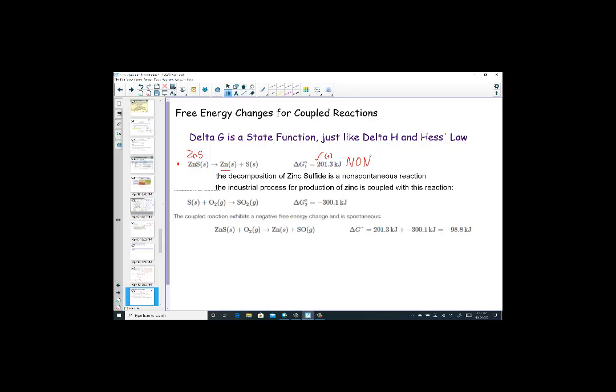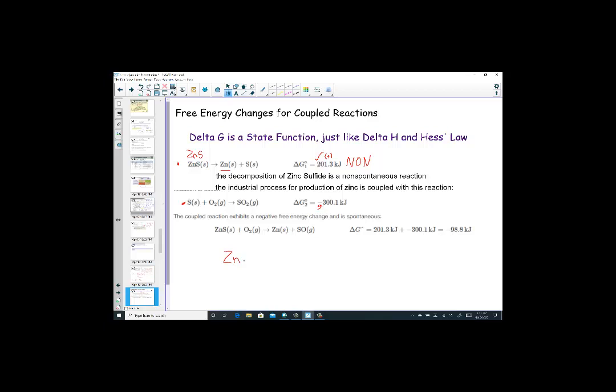But in industry, they couple this reaction with a second equation that's quite exergonic, and therefore we can couple this reaction to create a spontaneous condition. Now, what do I mean by coupling?